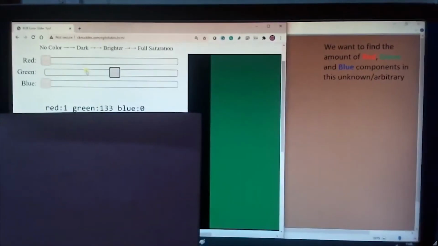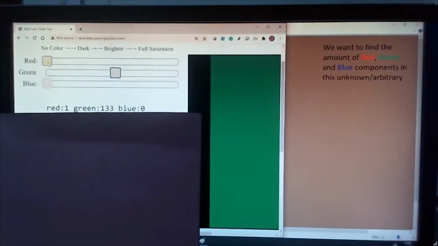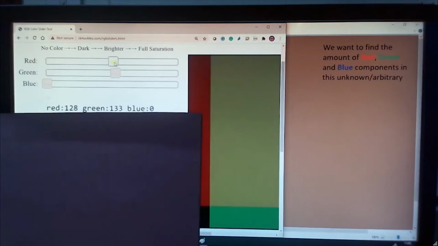Now let me mix red with an amount of 175, as we found, green 133, and blue about 100, and you see that these two colors match quite well.